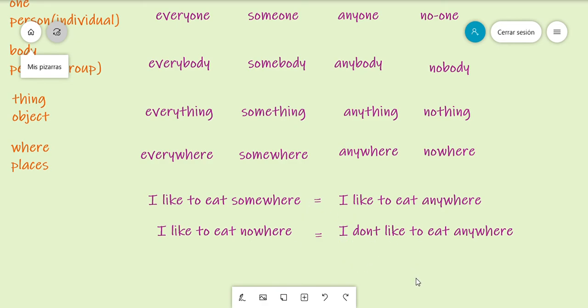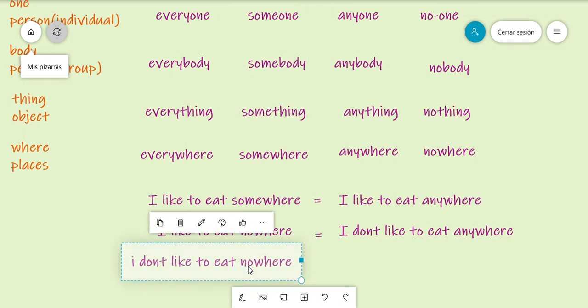Now, one specific rule that you have to follow: in the case of some, it is preferred that you use it for affirmative sentences, because in other cases you can use another word. But in the case of no, you have to write it always in affirmative sentences. If you write, I don't like to eat nowhere, this is so incorrect.